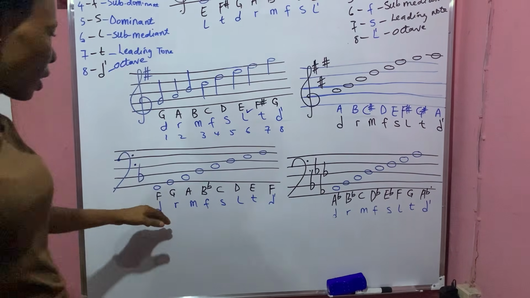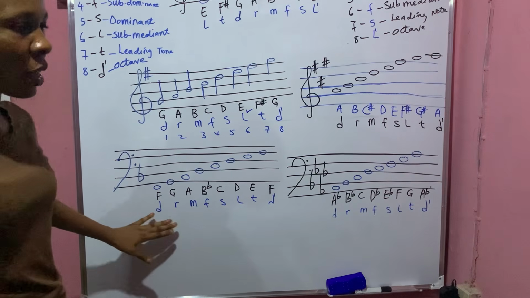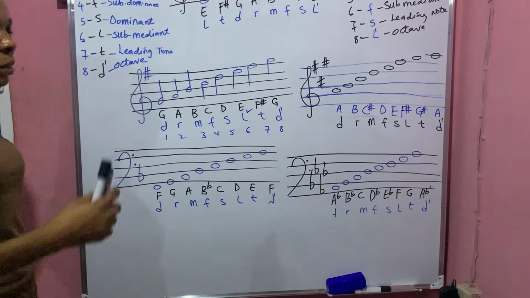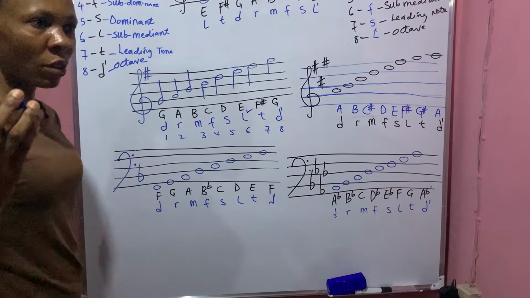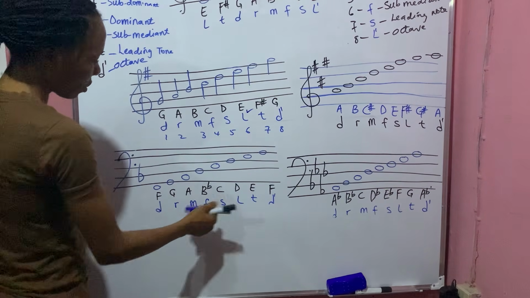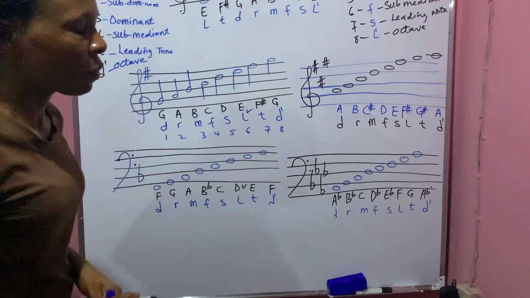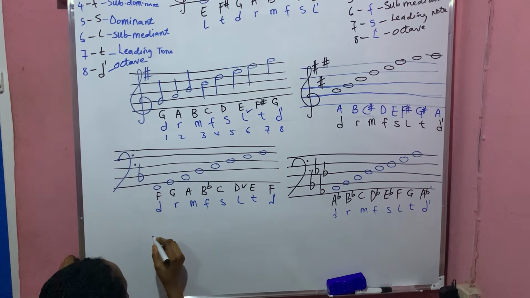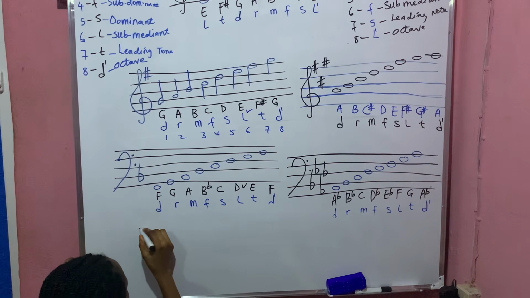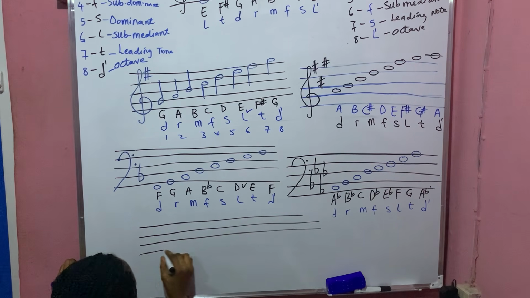Now what can you tell me will be the relative minor of F major from all this explanation, if you understand? The relative minor of F major is going to be from the 6th degree. So this is the 6th degree. So D minor becomes the relative minor of F major, and thus this is going to be the scale of D minor.